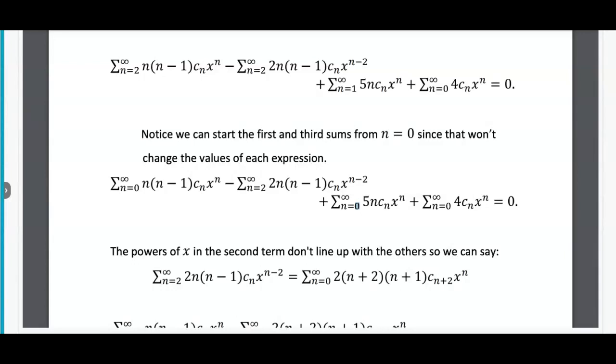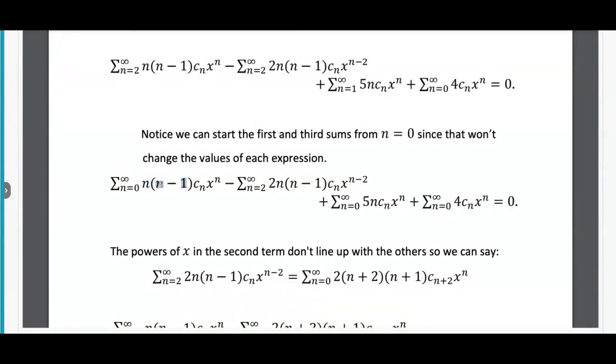All right, we don't really need this. And this one is the same. This is still n minus 2 here. Same thing, if the sum is from n equals 0, it won't change those values, right? Because n equals 0, that's 0.